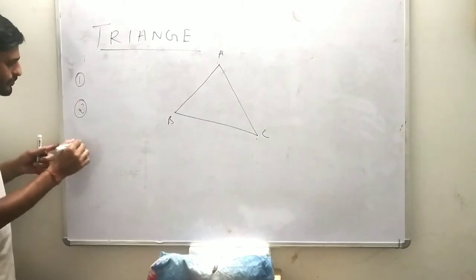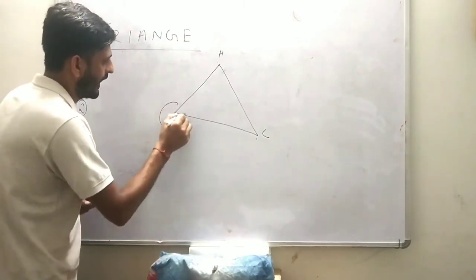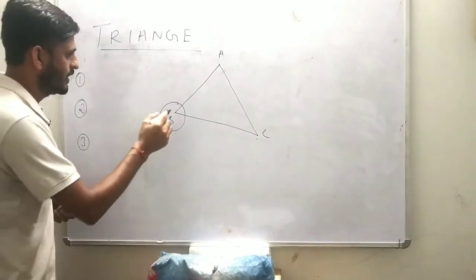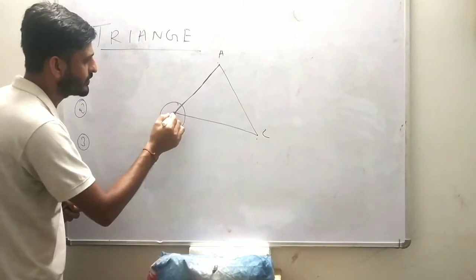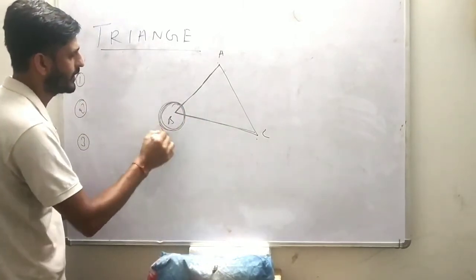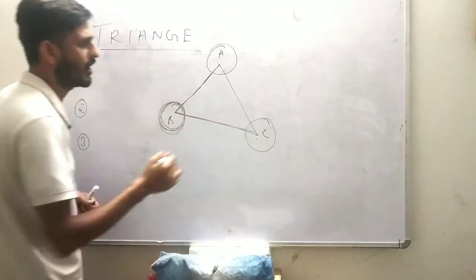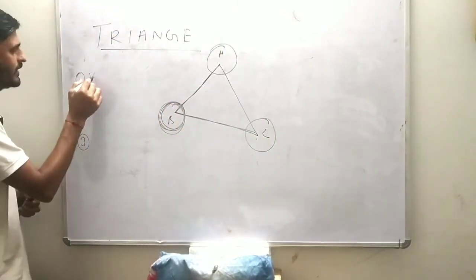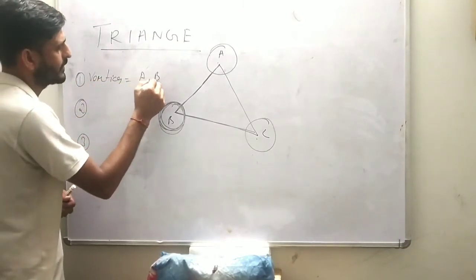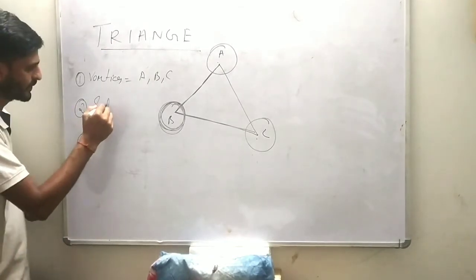Look, there are three vertices, and the plural form of vertex is vertices. Here one arm is meeting with this arm, and the common initial point is vertex B, and then vertex A, vertex C. So we get three vertices, A, B, C. Then let us understand the sides.